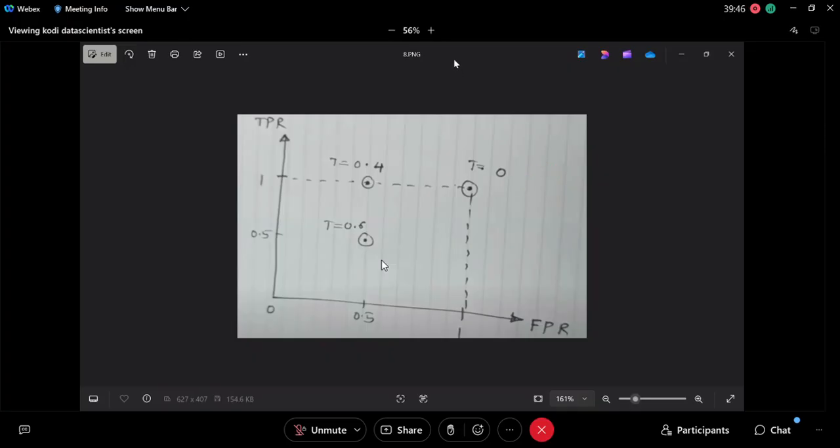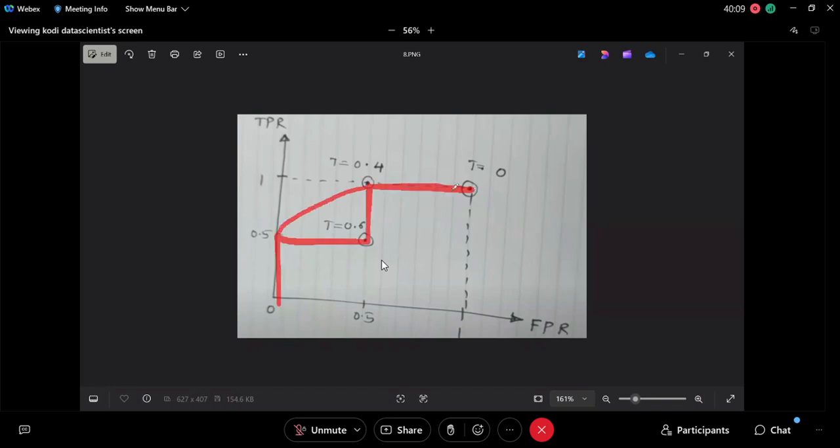Understand? So what I'm trying to do now is combine all the probabilities, just all the threshold values. When I combine all of these, can I get one line?